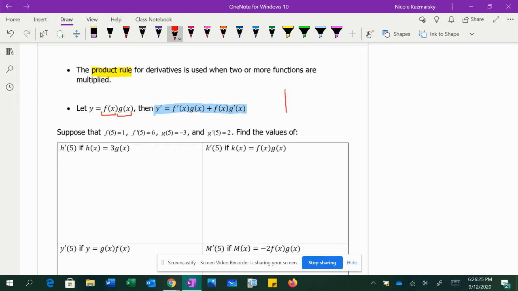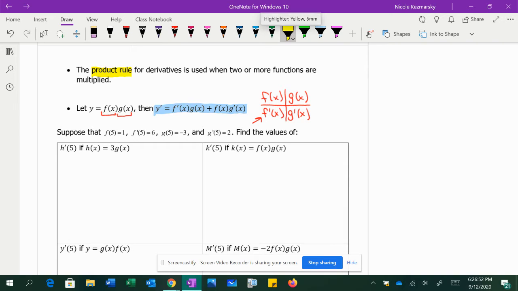What I'm going to do is take my two functions and in a little box, I'm going to put one function up here, the other function in the upper right-hand corner. Below them, I'm going to put their derivatives. And I'm going to start in the lower left-hand corner.